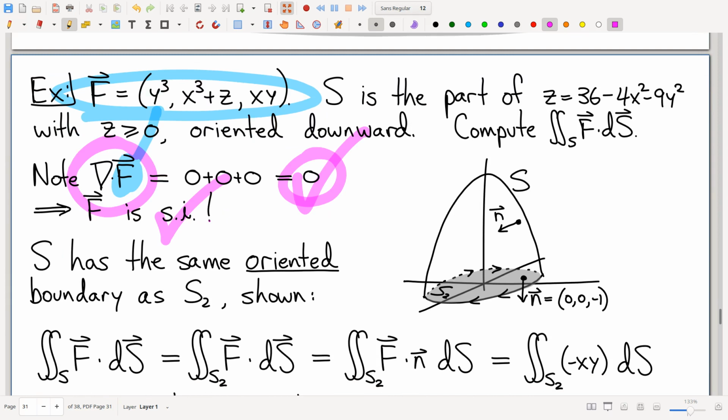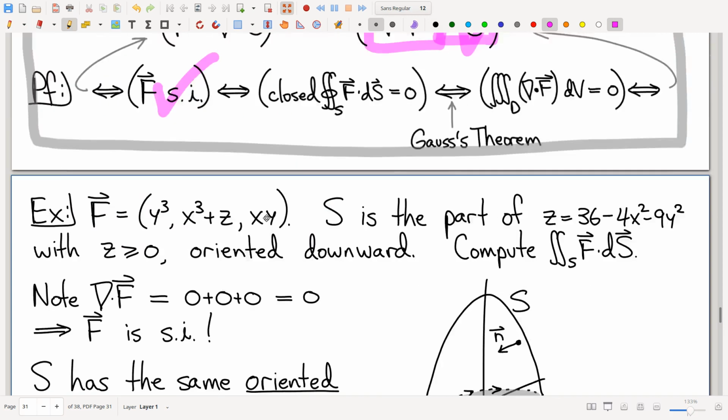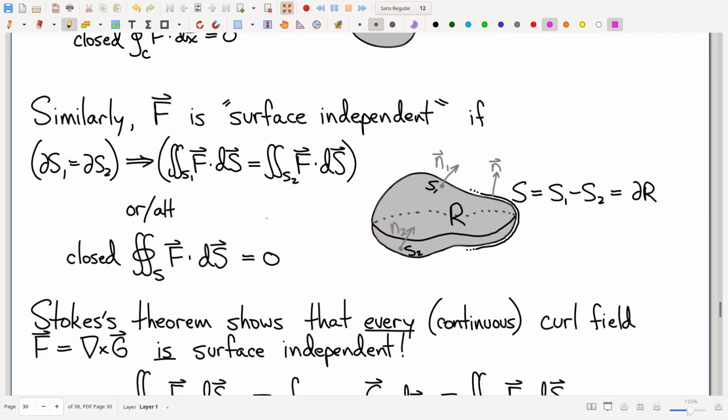Massive win. I can change my surface. I get to pick any surface I want. I have a lot of imagination. I can think of a lot of different surfaces I'd rather do than this one. Now, before we go too crazy, of course, if you're going to use surface independence, don't forget, as we wrote here, surface independence says, sure, change your surface to any other surface you like, but you do need to make sure that that new surface has the same boundary as the old surface.